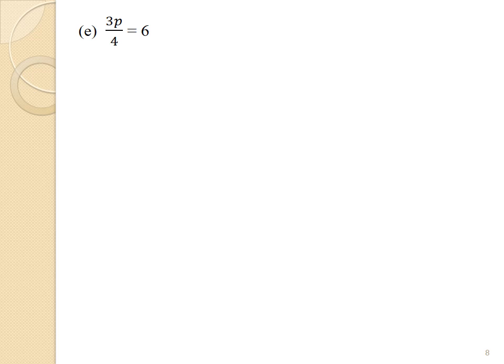Now, sum E. 3p upon 4 equals to 6. Students, in this equation, there are two operations, multiplication and division. In this equation, p is multiplied by 3 and 3p is divided by 4. So, we have to use two laws.